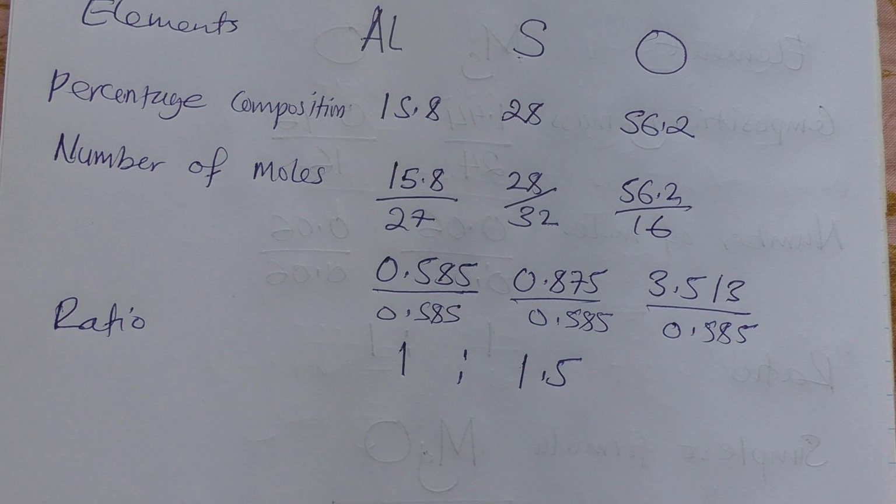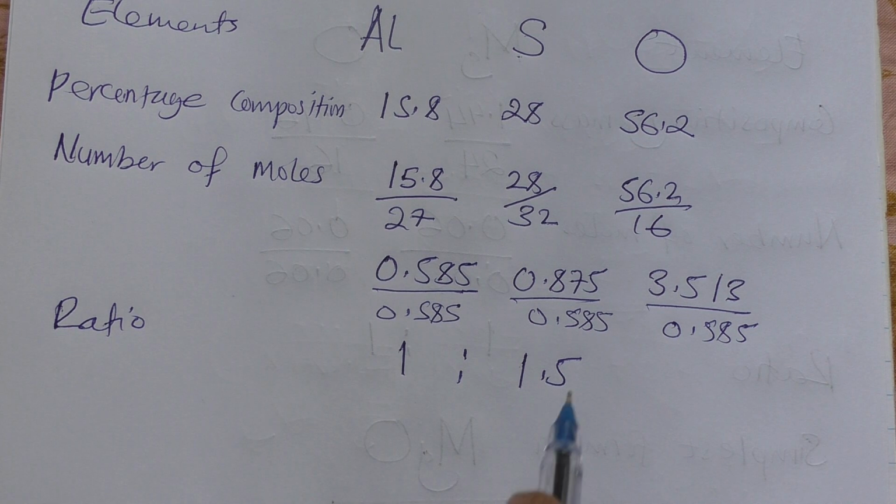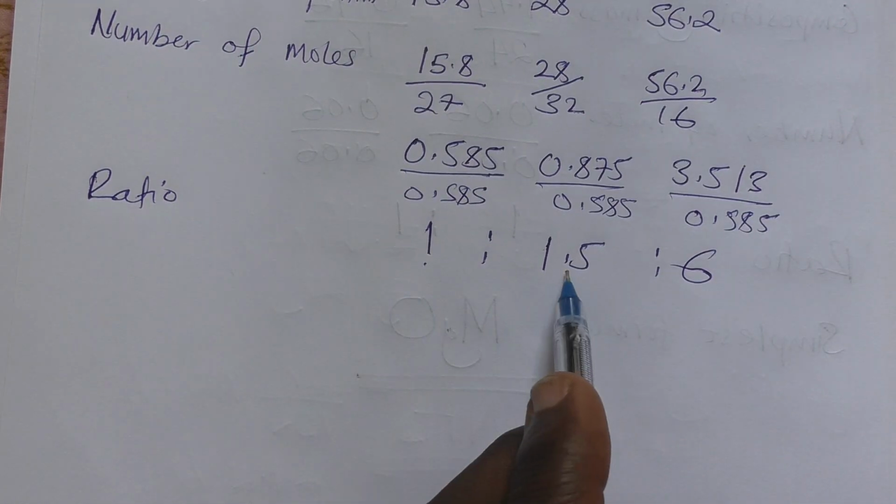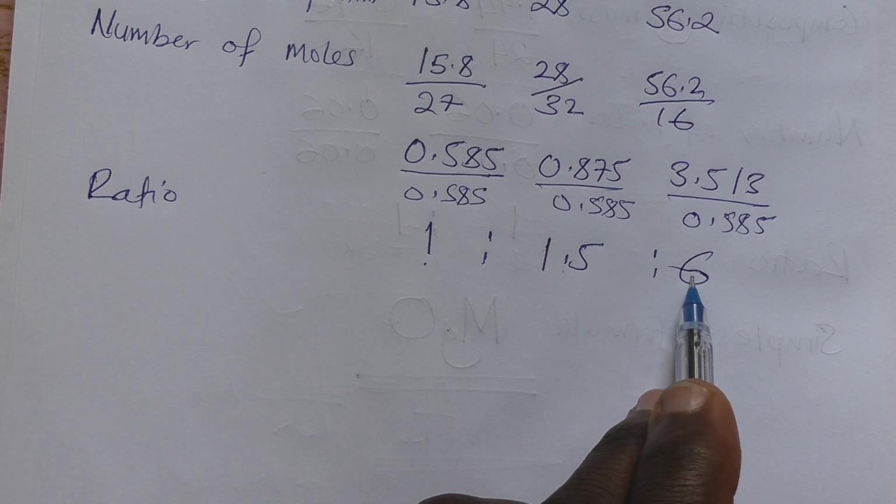And then when we divide 3.513 by 0.585, that gives us 6. So the ratio is 1 to 1.5 to 6.